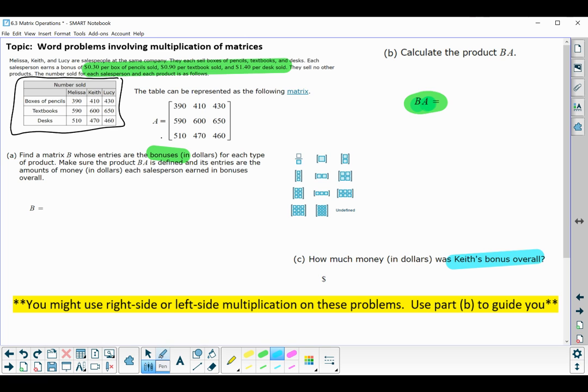You want to actually kind of start with part B because that is going to help guide you on how to answer part A. So for this one, it wants us to take our matrix B that we create and multiply it by matrix A. Well, that means we have to put B here, and matrix A is going to go up here. So I'm going to go ahead and write it like this for just a second. 430.